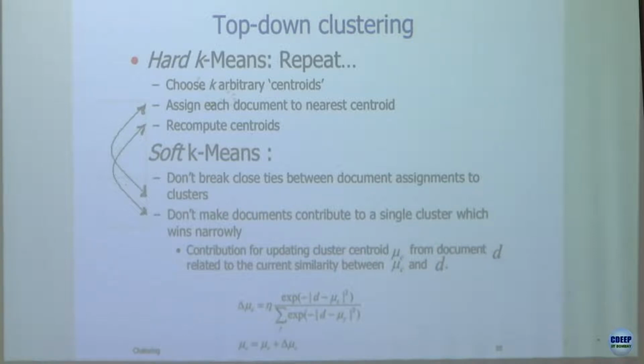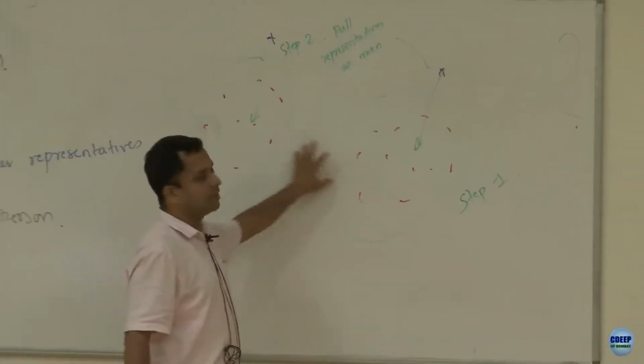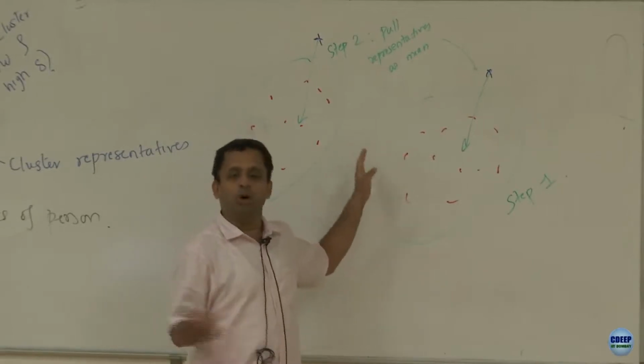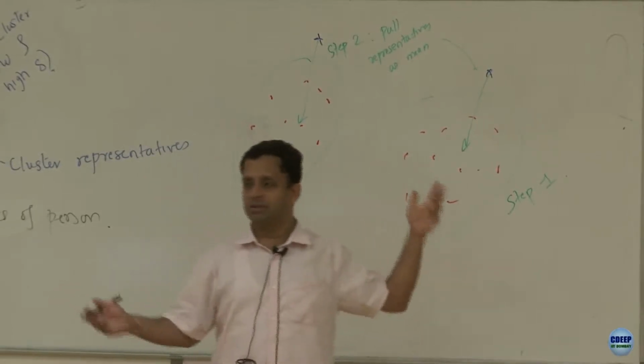Now soft k-means says that I could have a membership assigned. I don't break close ties between document assignments to clusters. Don't make documents contribute to a single cluster which wins narrowly. So for example, the points sitting on the periphery here may contribute to both the clusters equally, they may belong to both.